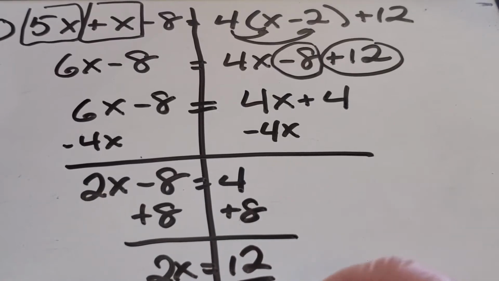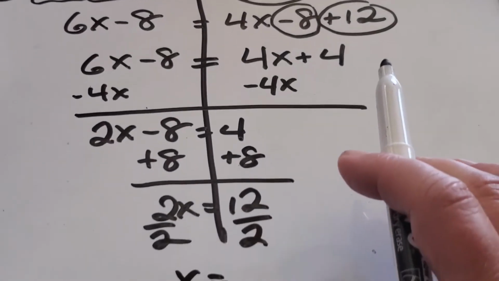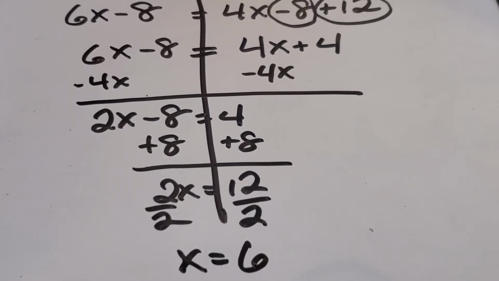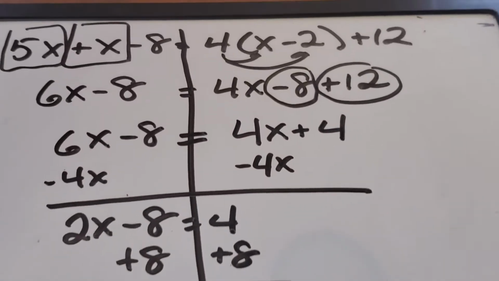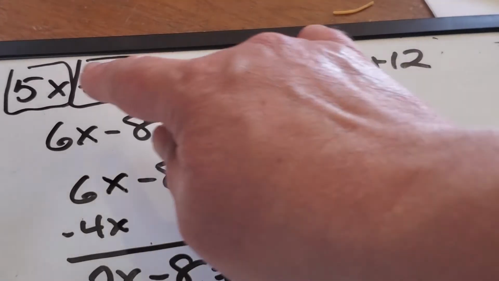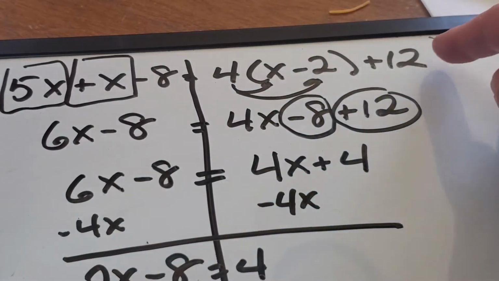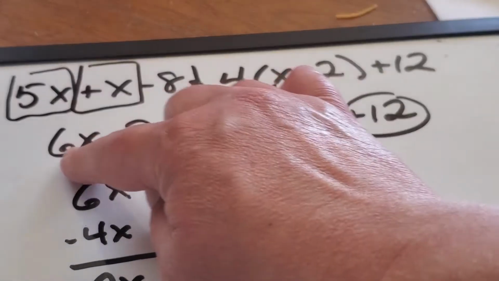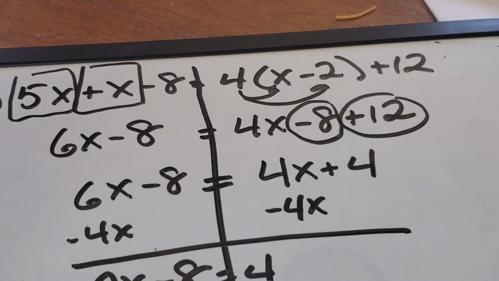Divide by 2, and you're going to get x equals 6. And of course, you can check your answer by plugging 6 in for all the x's back in the original equation. It's important if you're checking to always go back to the original equation, because if you made a mistake going from this step to this step and you only plugged into here, you wouldn't catch your mistake. It would still check.